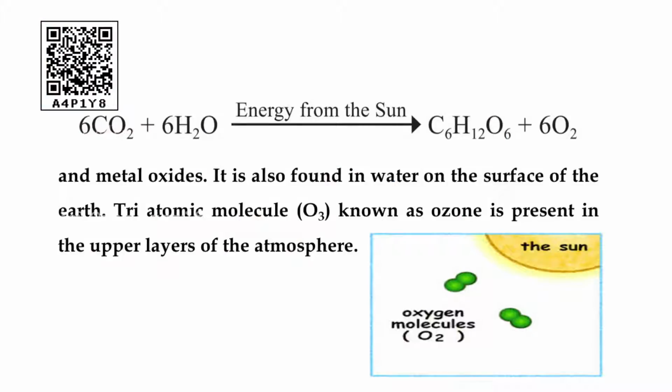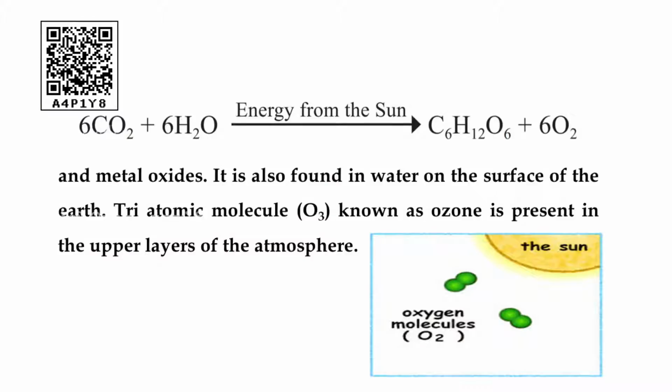Next, how does oxygen form a combined molecule? Carbon dioxide is mixed with water in the presence of sunlight, carried by the chlorophyll, forming glucose. What is this process? This chlorophyll process is photosynthesis. Photosynthesis, we know, is the process of food making by plants.